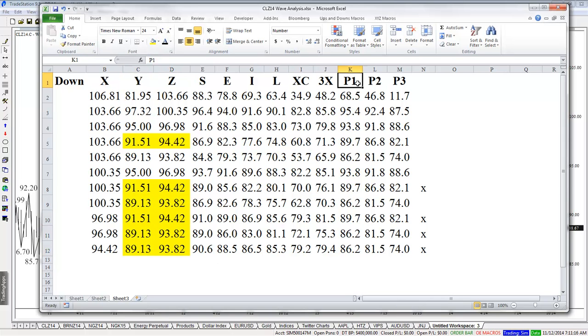And the corrective projections are calculated off the YZ leg of a formation. Therefore, you will get repetitive projections.